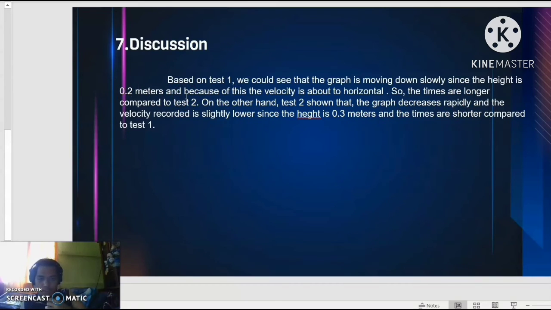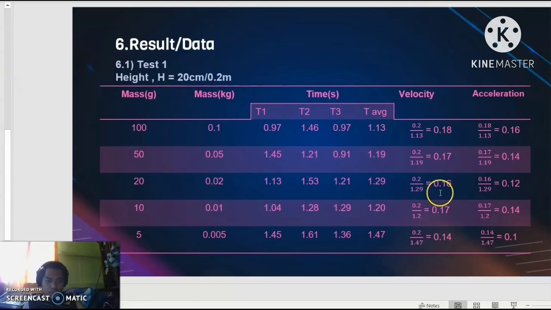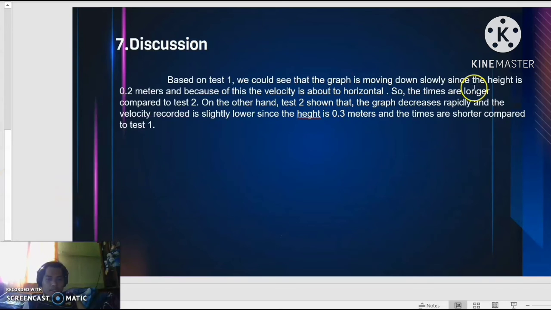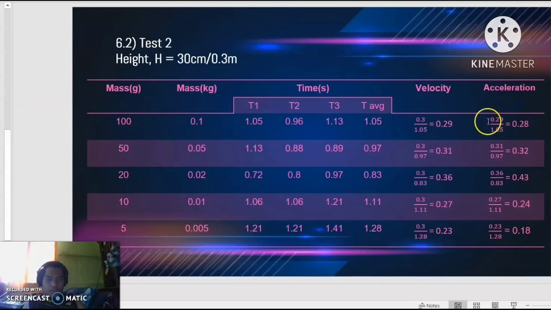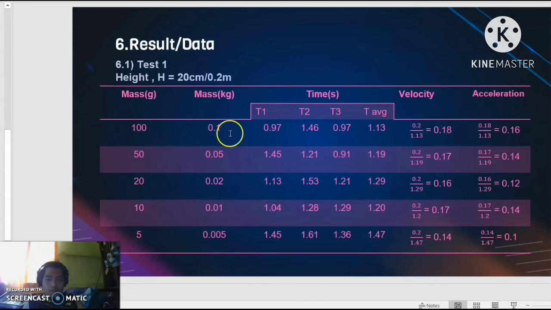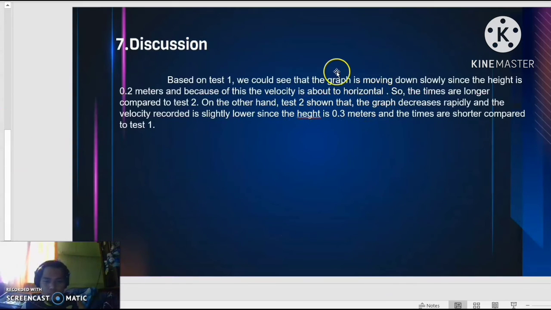Because of this, the velocity is almost constant, so the times are longer compared to test 2. For test 2, the height used is 0.3 meter, which is slightly higher, so the times taken are shorter compared to test 1, and the velocity is slightly lower.